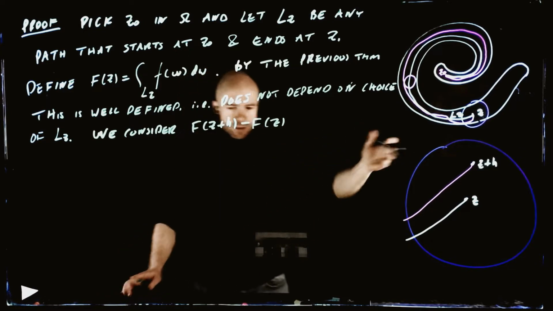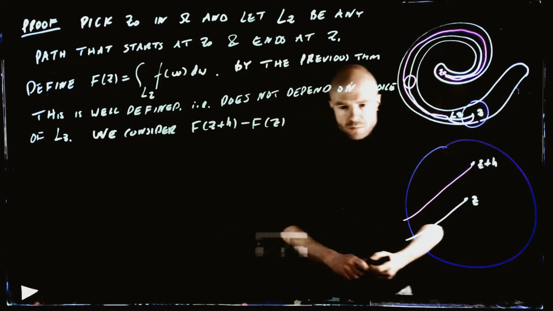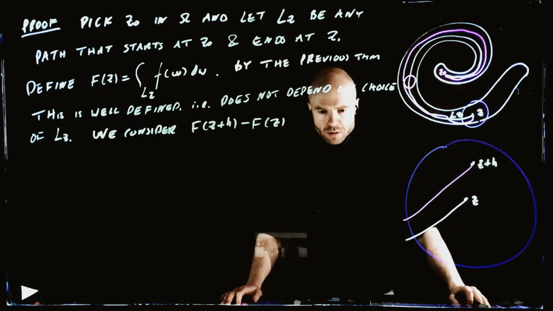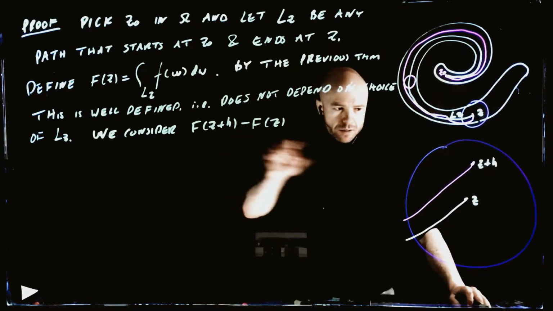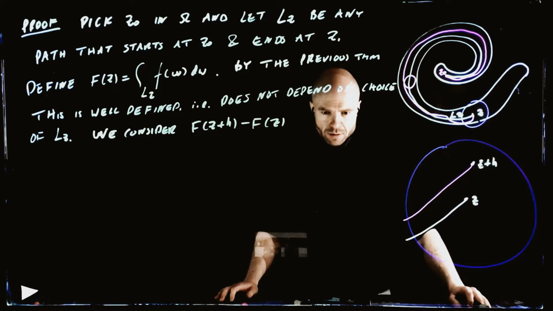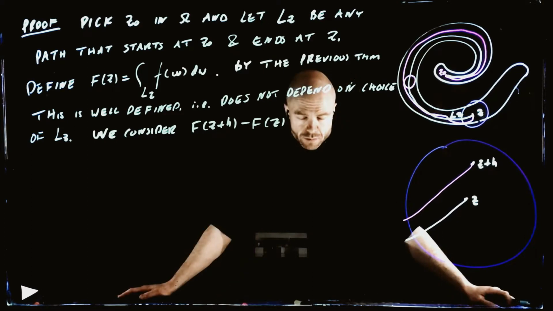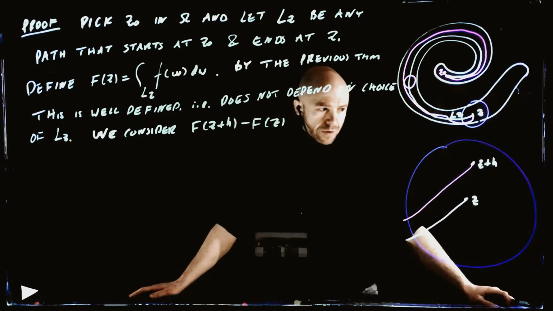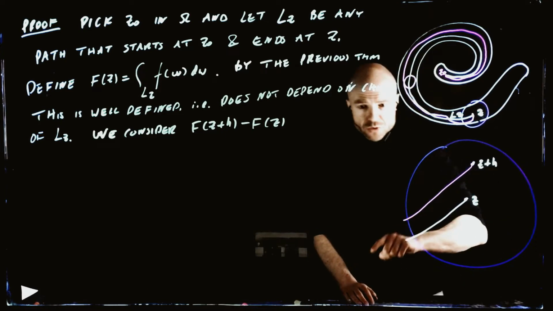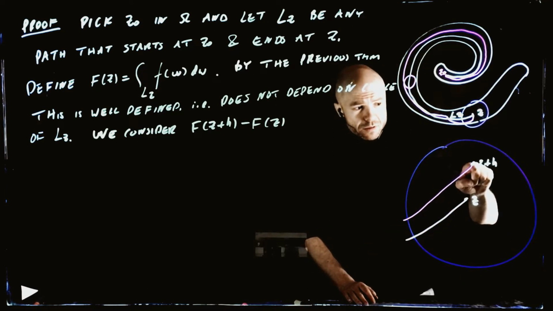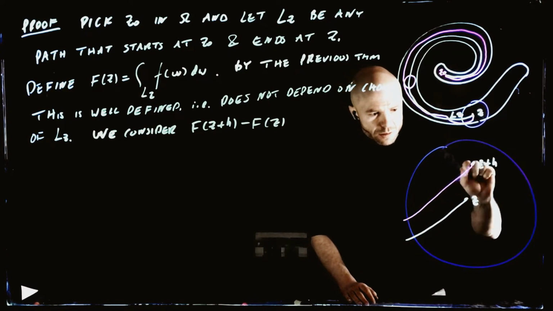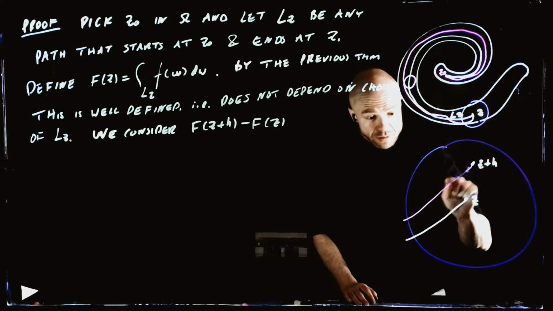Look at this and look at the picture. What is this on this picture? Right, because it is true no matter what path comes to reach z plus h. It doesn't have to be this one, and it's most convenient if it isn't this one.